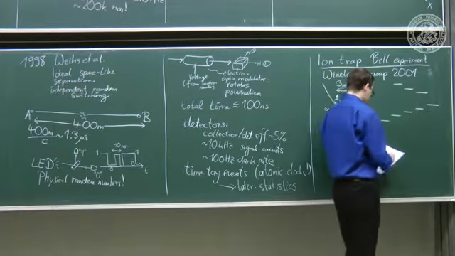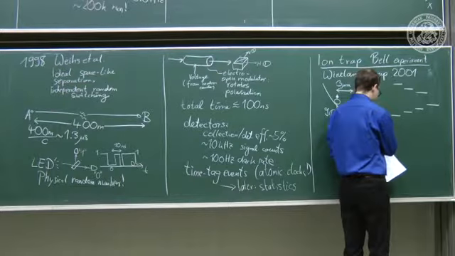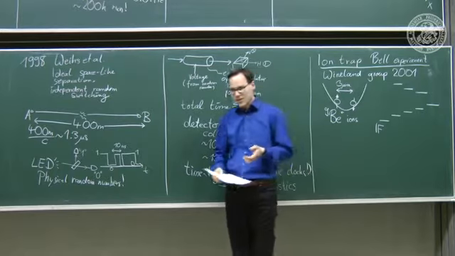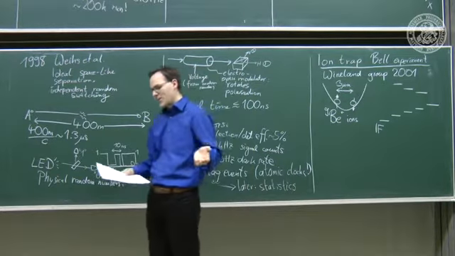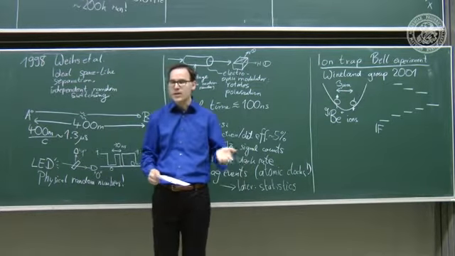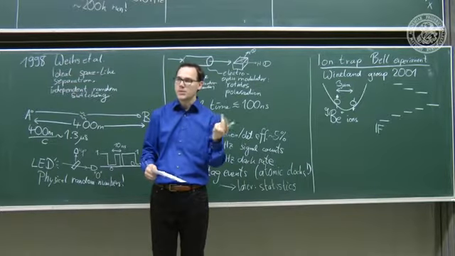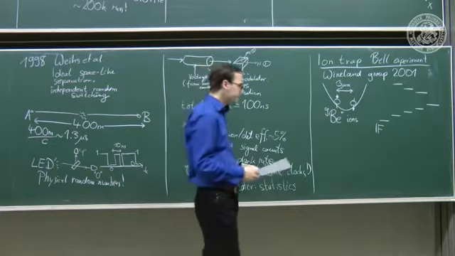So there's the quantum number F, which is the really total overall spin of the ion, including the nuclear spin. Electron spin plus orbital angular momentum plus nuclear spin.